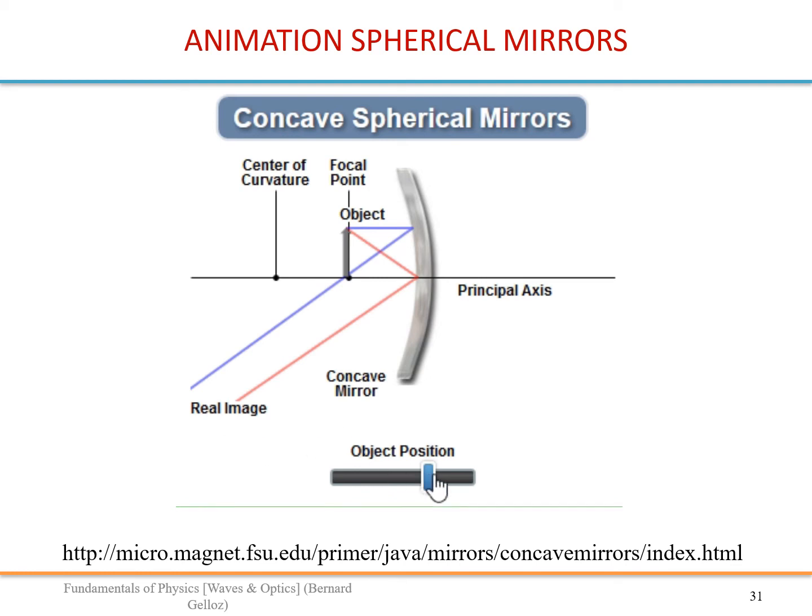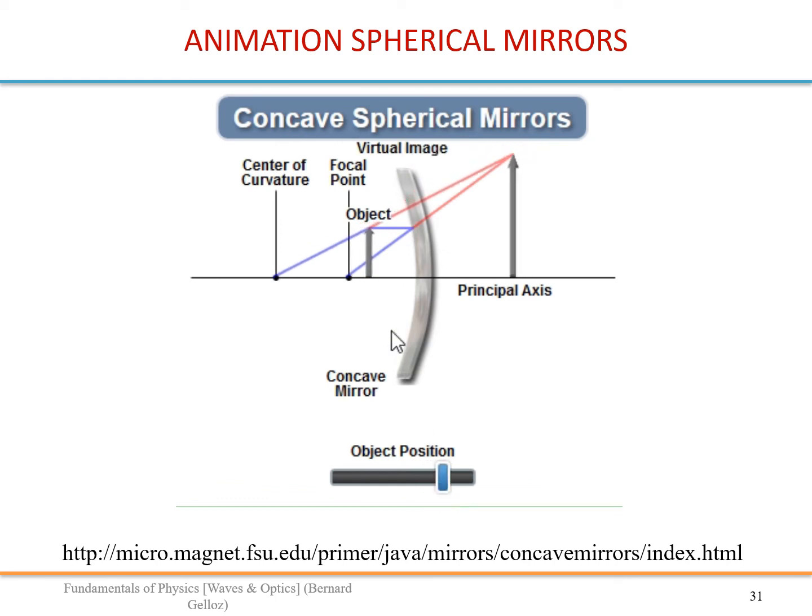So let's see what happens when you cross the focal point and you are in between the focal point and the center of the mirror. Suddenly your rays diverge. For example, this one is going that way, and another one, not shown, would go that way. So they diverge, they do not intersect in the real world.